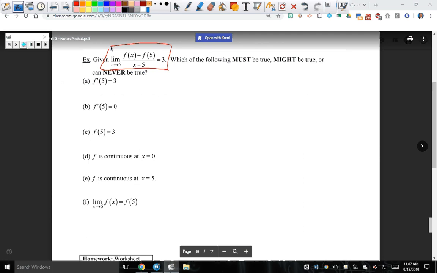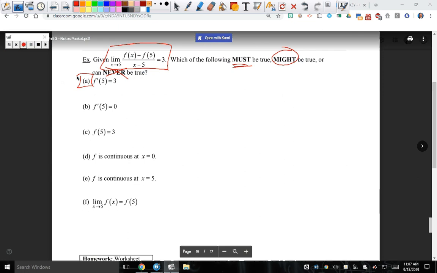So which of the following must, might, or never be true? The first one. Madeline, how do you read this? What is it asking for? What is it stating? What is it saying? F of 5, like if you plug it in, you're going to get 3.